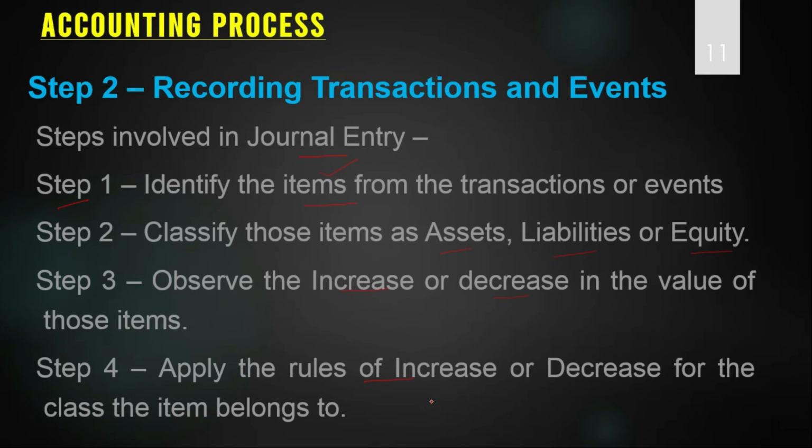Similarly, you will do this for liabilities and for equity. If any item of liability is increasing, apply the rules of liability increasing. If any item of liability is decreasing, apply the rules of liability decreasing. Similarly, for equity increase and equity decrease you will apply the rules. I have explained the rules for increase or decrease in one of my slides, slide number 7.